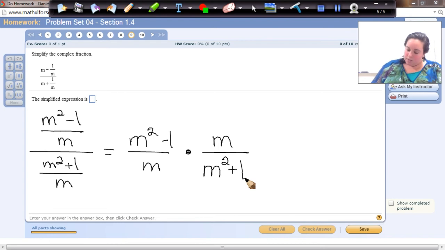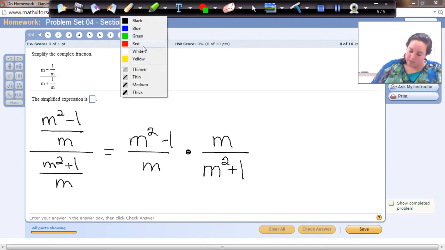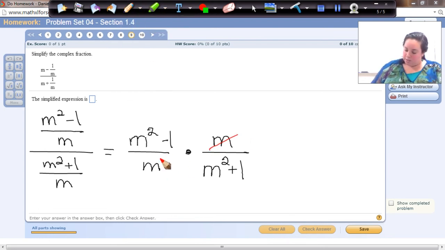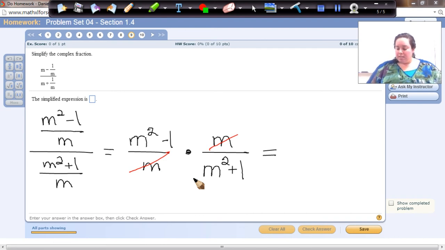All right. So after we do that, we can reduce or cancel things that will cancel, and we can try to factor this, but can we factor m squared plus 1? It's not factorable. So because this is not factorable over the real numbers, there's no reason to try to factor this one because we won't be able to cancel with anything in the denominator anyway.